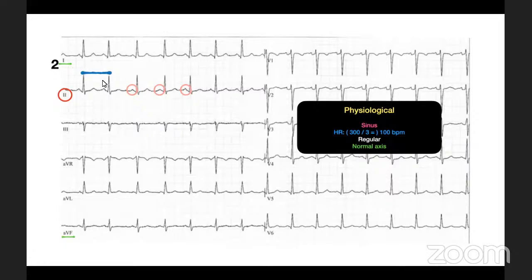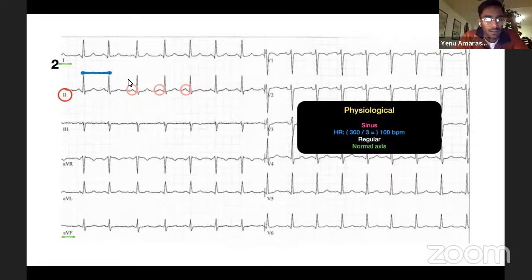But those who have a bit of an eagle eye might realize that on here there's a slight lengthening of the RR interval. This is actually a physiological irregularity. It's commonly due to respiration, when you breathe in and out, but this is deemed still physiological.